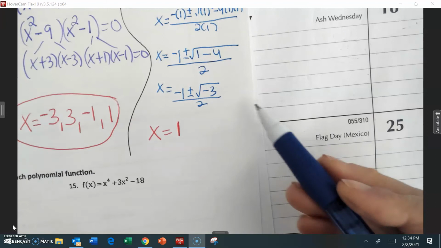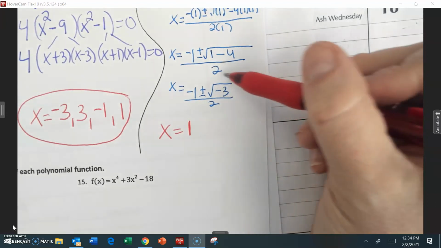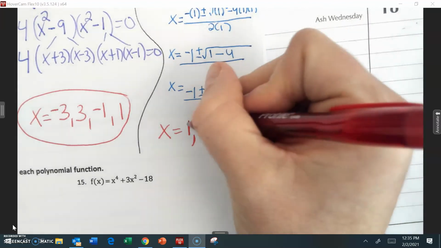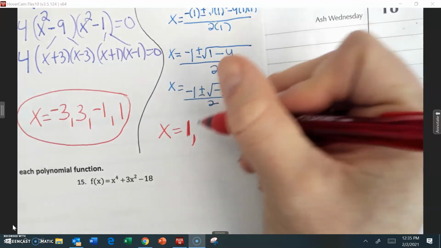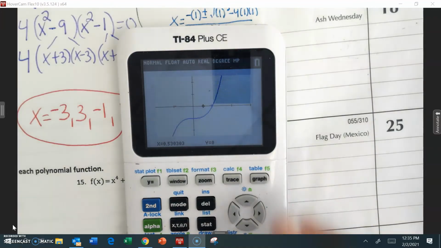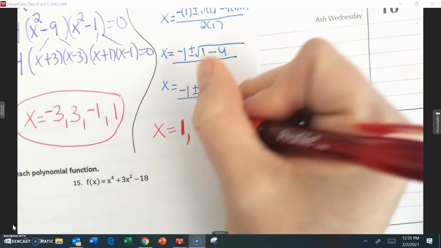Now all we have to do is write this correctly. Remember, a negative underneath the radical means that it's going to be imaginary. So our one real answer is 1, and we could actually see that on our graph. So there's 1, but the other 2 are imaginary.